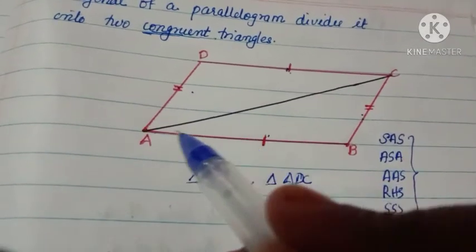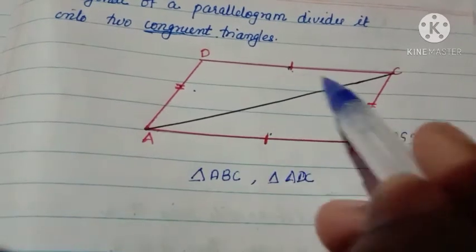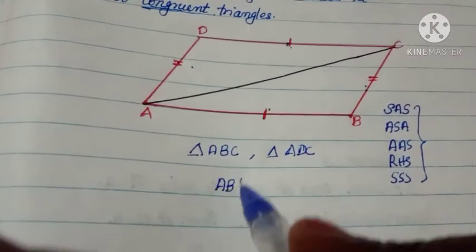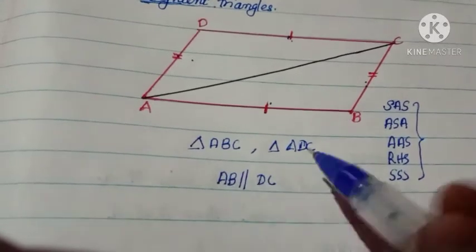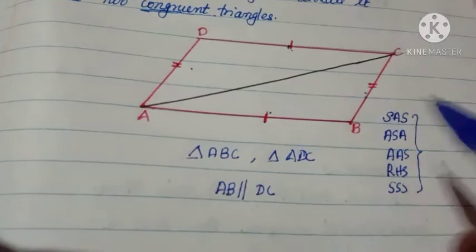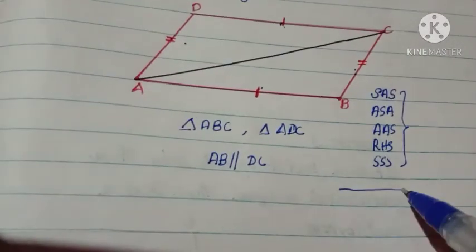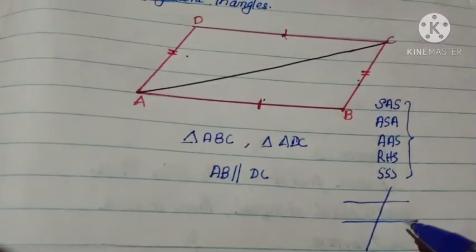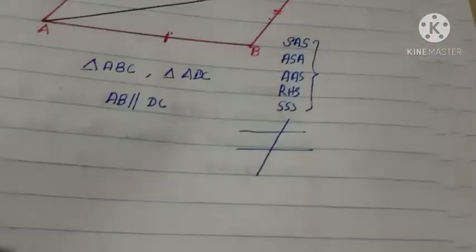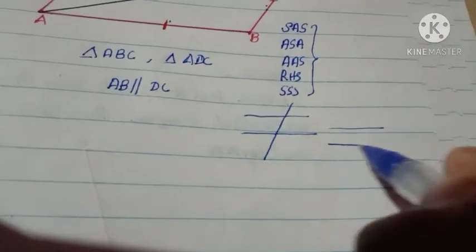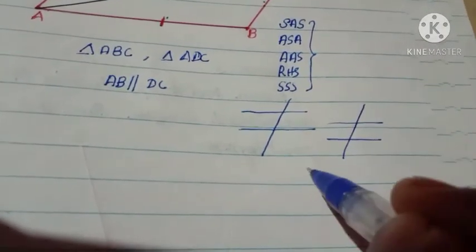Yes. Now AB is parallel to DC. AB and DC are two parallel lines. Now listen, the line AC. We learned that when two parallel lines are cut by a transversal, there are alternate pairs of angles, corresponding pairs of angles, and angles that lie on the same side of the transversal.